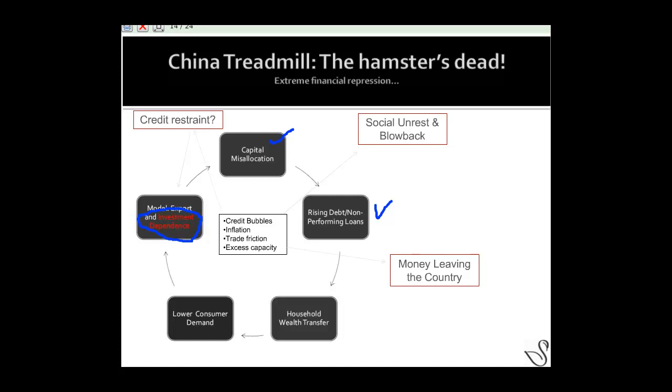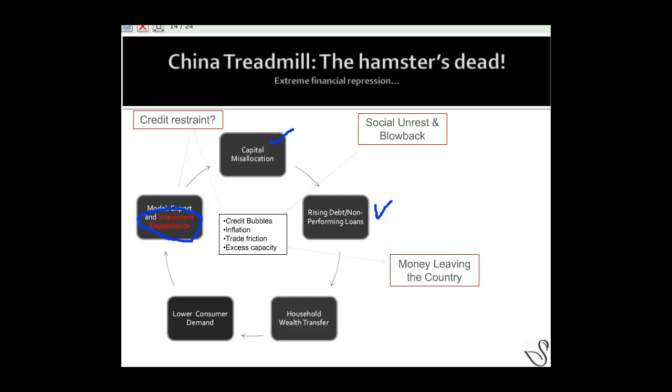There are small companies in China that are paying 20, 30, 40% interest rates to keep their companies going. The private side, the private small companies, are being squeezed while the state-owned industries are getting all these subsidies because they employ so many more people. So the debts are rising, and you've seen the stories.